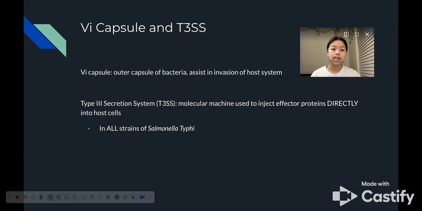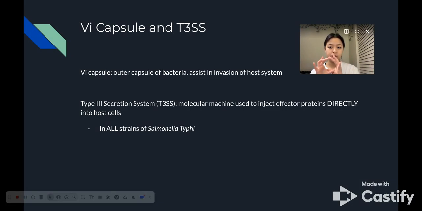So now we have our Vi capsule. Our Vi capsule assists in evading the immune system. It's gonna evade macrophages, along with dampening the intestinal inflammation by preventing TLR4, because TLR4 assists in signaling the immune system to come and kill stuff.